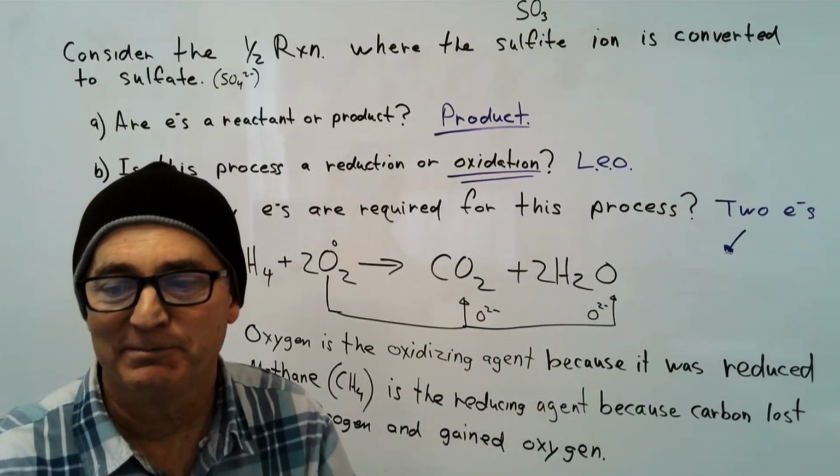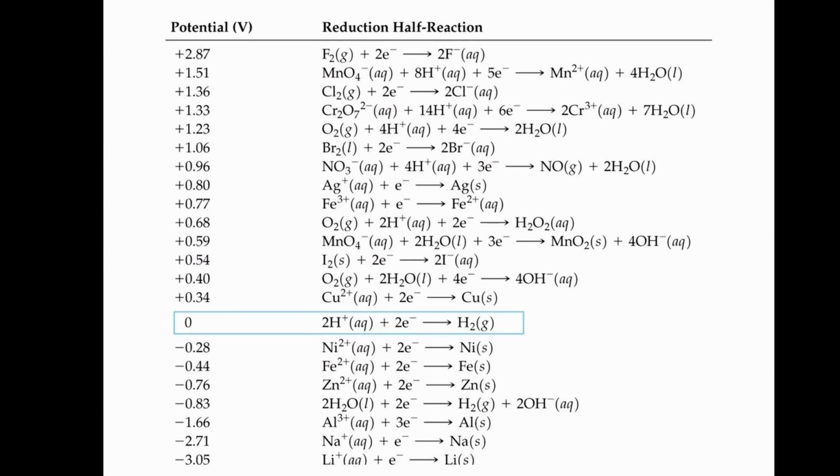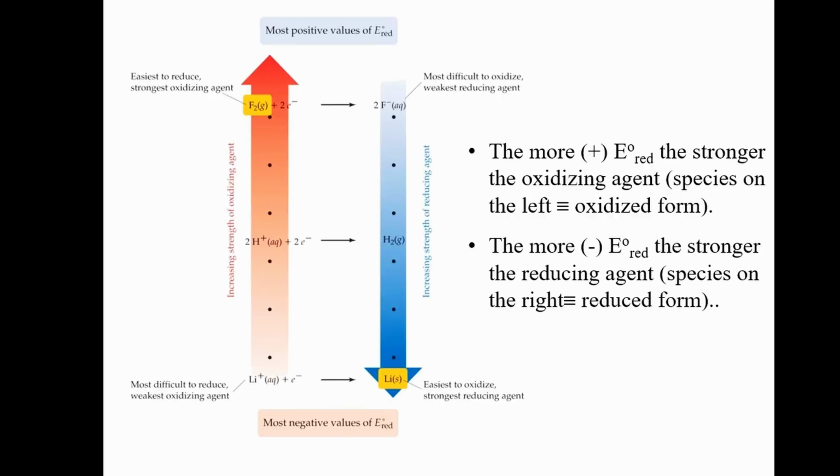Any questions? So here's our nice table, and it could get flipped like our first example. Here's what we went over this morning with our example problem: strongest oxidizing agent, strongest reducing agent. Reducing agents have to be in their reduced form.